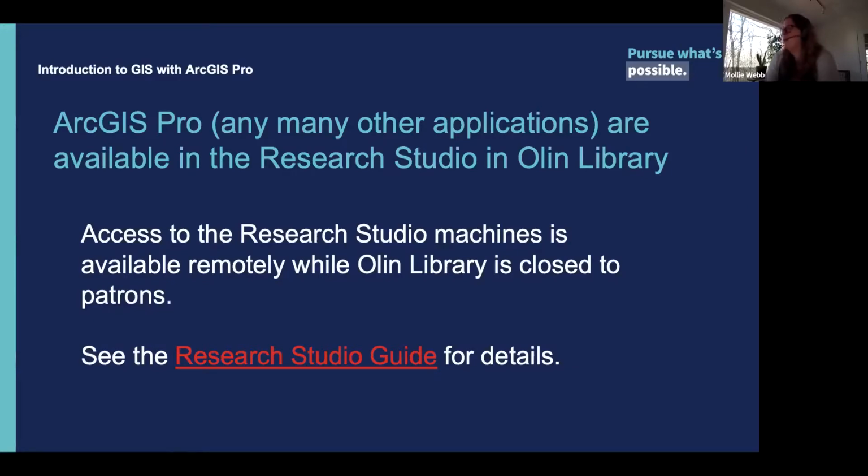Now, of course, the Research Studio is not available to patrons right now, but we have enabled remote access to the Research Studio machines. And so we've got another research guide, there's a link in the slides to that research guide, to give you information on how you can access the Research Studio machines remotely.